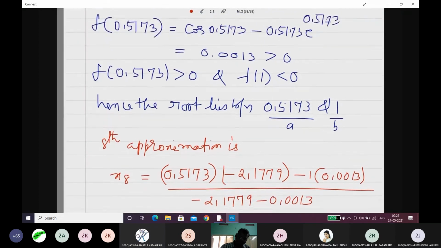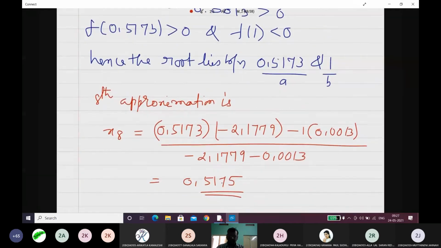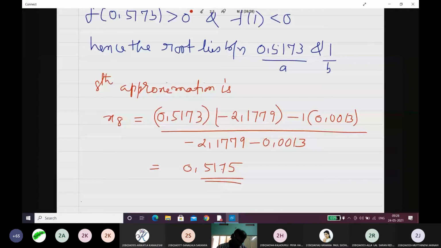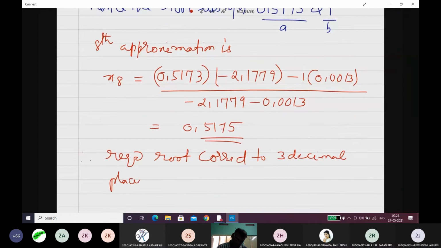0.517. Here it is 0.517. Therefore, the required root correct to 3 decimal places is 0.5175.